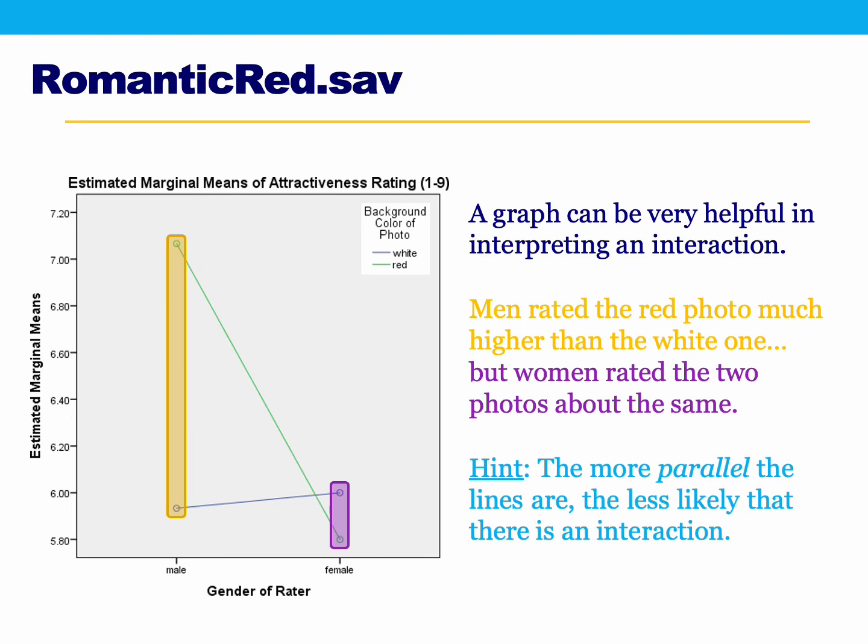By looking at the green line versus the blue line, the lines are intersecting. And we know that the more parallel the lines are, the less likely it is that we will see an interaction.